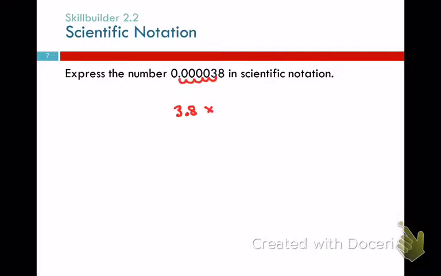So that's times 10 to, now which way does that exponent go? Negative, right? So -5. Negative goes with small numbers. Positive goes with big numbers. So 10 to the minus 5.